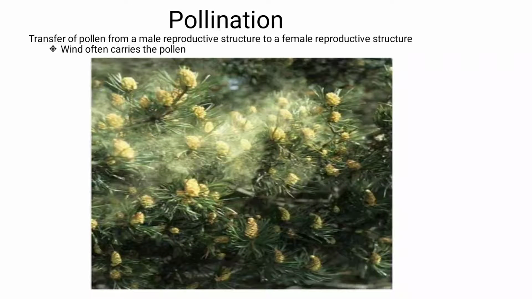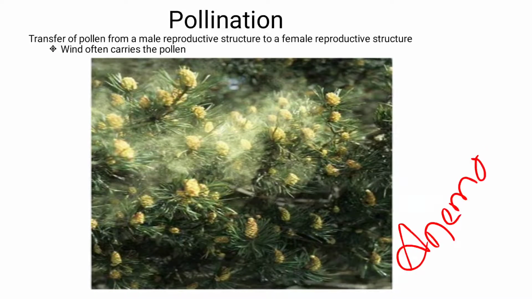If you look at the pollination in case of gymnosperms, it is mainly by wind pollination. Wind is acting as a pollinating agent. So, wind helps in transferring pollen grains from male reproductive structure to the female reproductive structure. This kind of pollination is known as anemophilous pollination, anemophily.